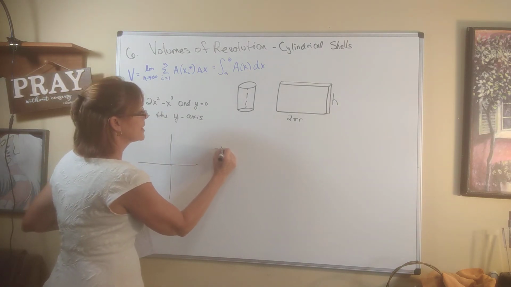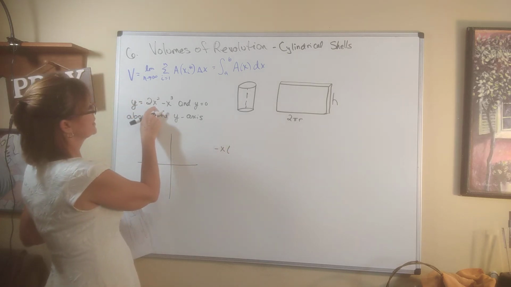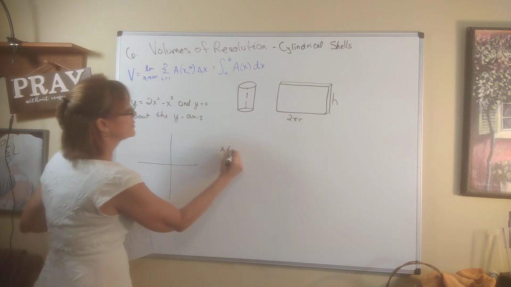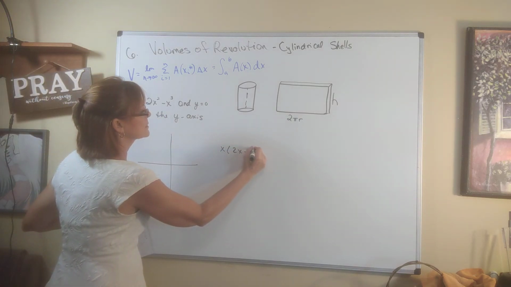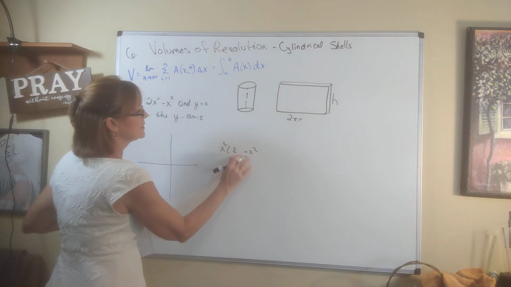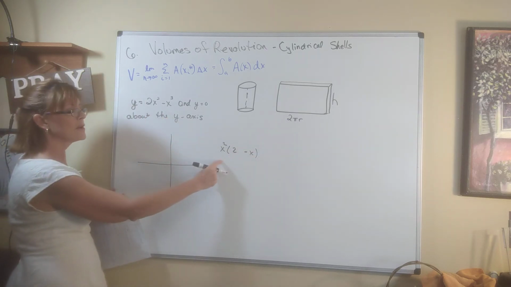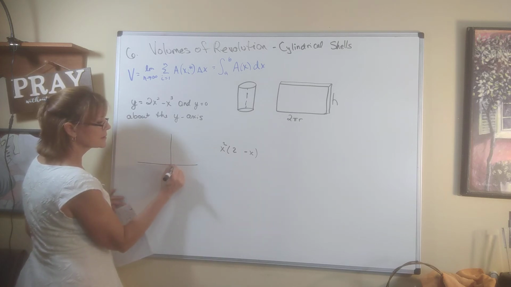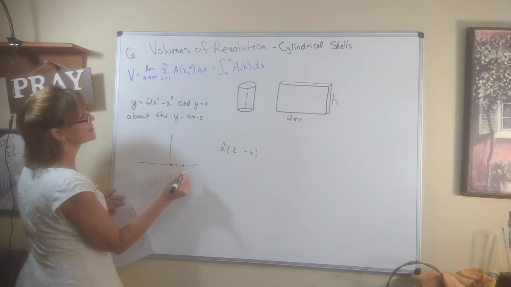I'm going to factor out an x squared. That gives me x squared times 2 minus x. Why am I doing that? Because I want to find the zeros of this function. There's a zero at x is 0, and there's a zero at x is 2. This is where it's crossing the x-axis.